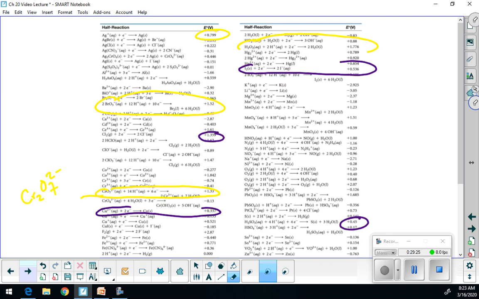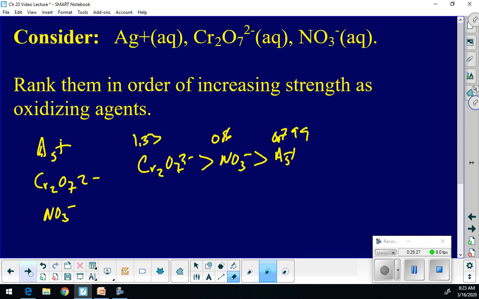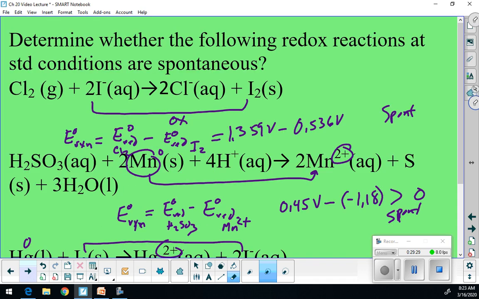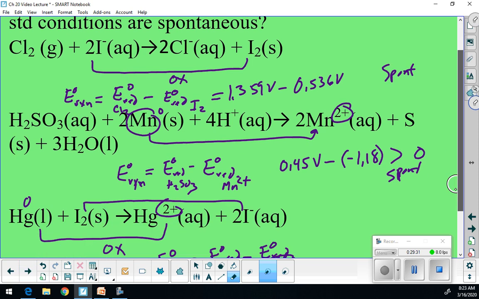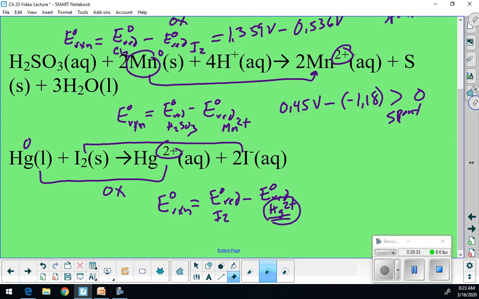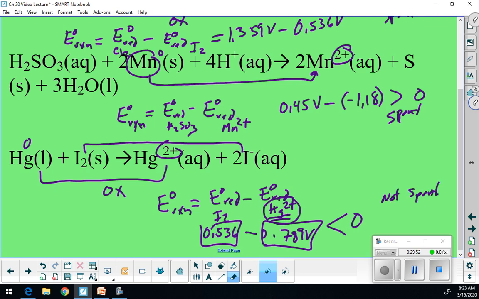Good, so let's take a look. I said this was 0.536 minus 0.789. Well, that is a negative value, right? That is bigger than that, so that means that's less than 0, so it is not spontaneous. All right, cool.